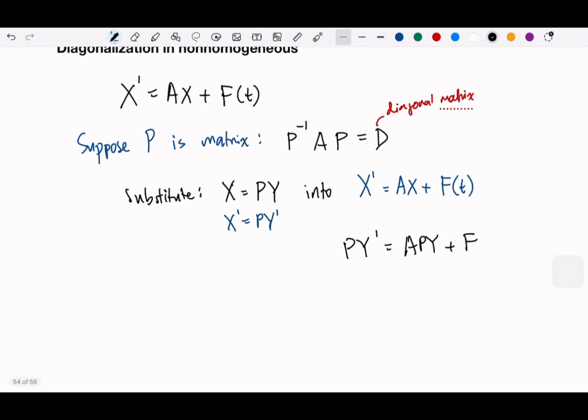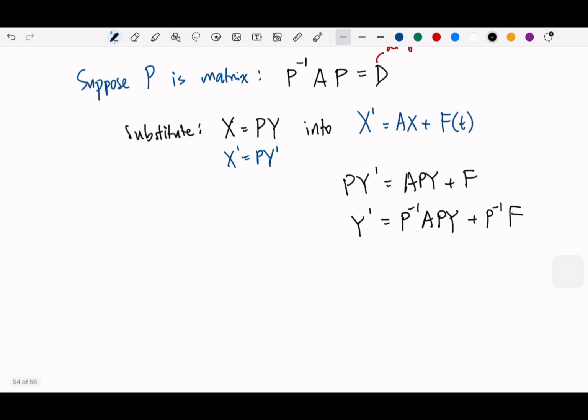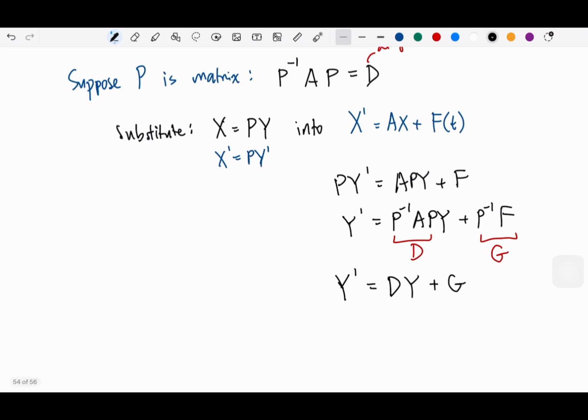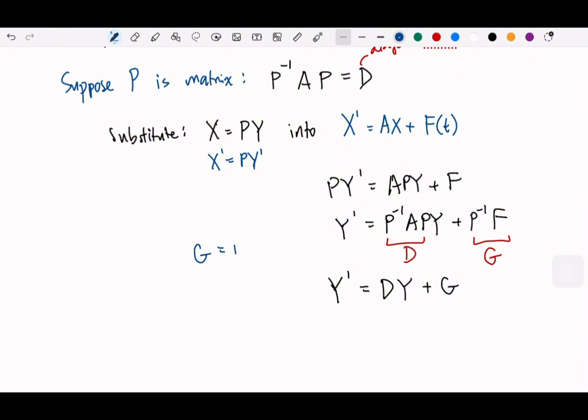And then multiply with P inverse on the left, so we can cancel P. Since this is D, we can write that this will be y prime equals Dy plus, let's say this P inverse F becomes a new function G. We name a new function G, so plus G, where G is P inverse F. So this is a column vector.